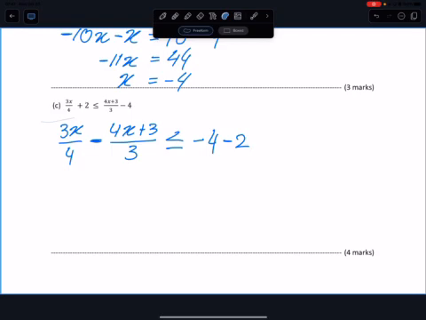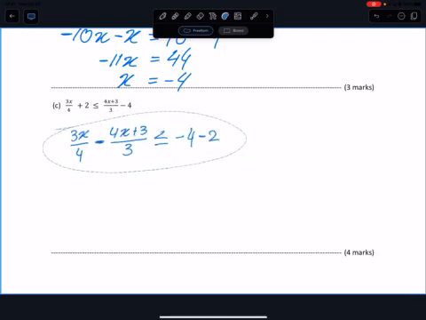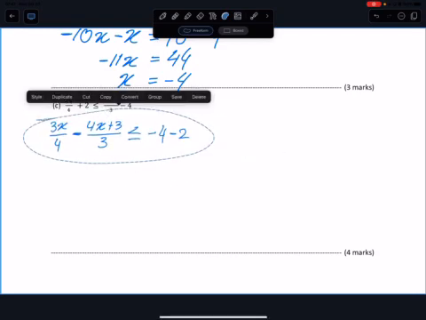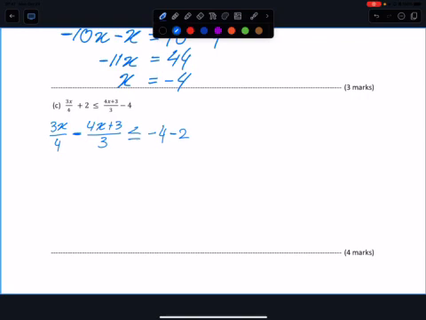I'll make it smaller. Now I find the lowest common multiple of 4 and 3. Lowest common multiple of 4 and 3 is 12.